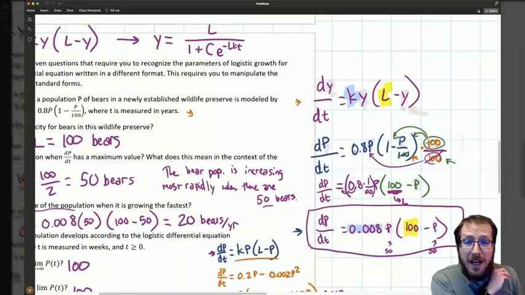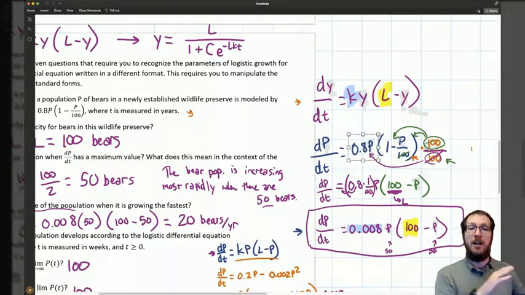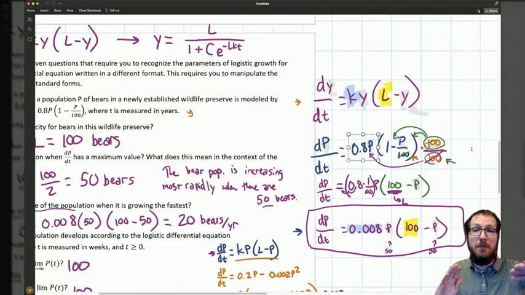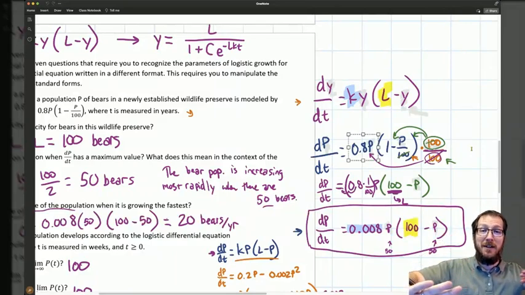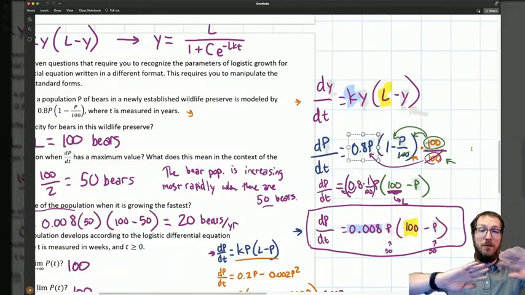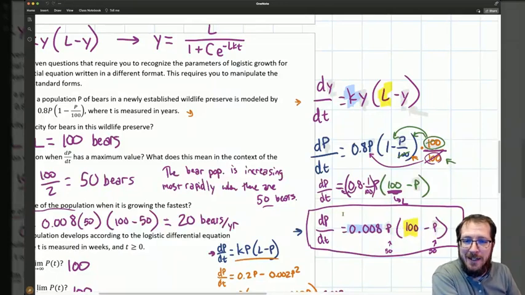The way we're going to do that is just divide the term outside of the parentheses by 100, right? Not the inside. So we're multiplying the inside of the parentheses by the denominator of P, dividing the outside by that denominator, so that we're essentially just multiplying by a form of 1. Okay, so what that gives us is 8 thousandths P times (100 minus P).